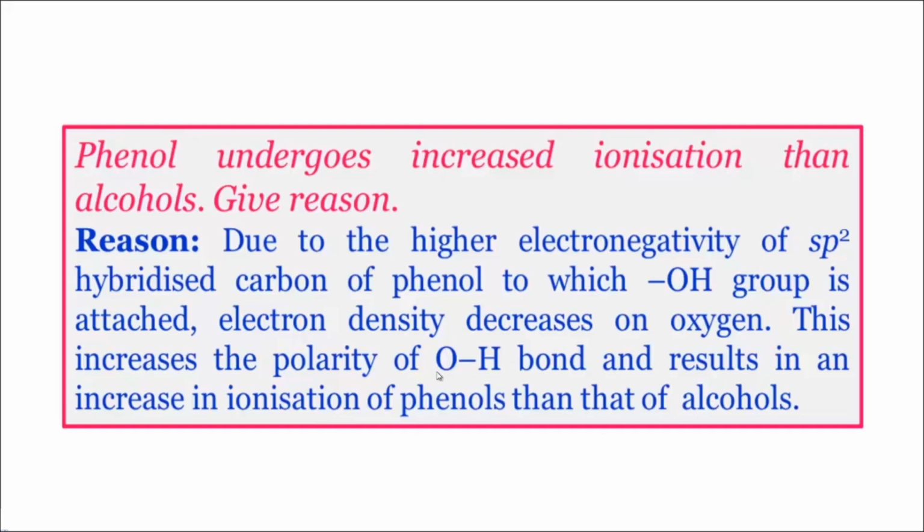The moment the sp2 hybridized carbon of the benzene ring decreases the electron density on the oxygen, this oxygen will draw the electrons from this covalent bond existing between the O and H. Therefore, this bond cleaves and it helps in ionization much better. So, this is the reason why phenols undergo increased ionization than alcohols.